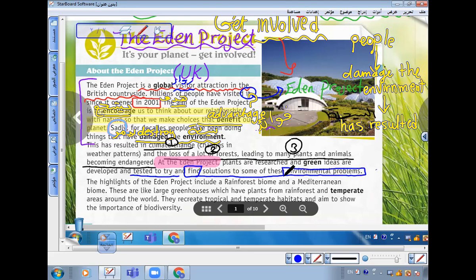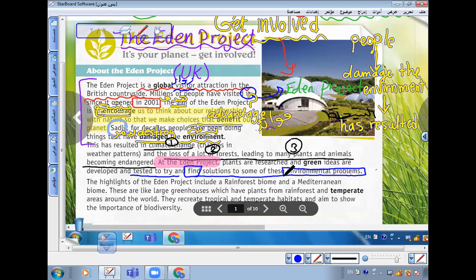We said, if you remember that, we said that we have environmental problems. زي ايش في مشاكل بيئية؟ Pollutions اللي هو deforestation, cutting the trees, صح؟ صح. All of these environmental problems.